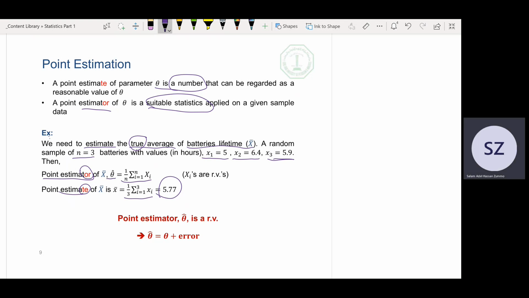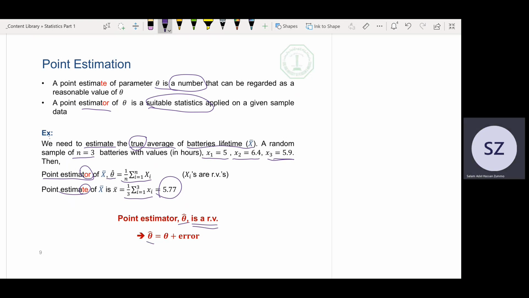So a point estimator, theta hat, is what? It is a random variable. Why? Every time I have new samples, I get a new number. These numbers should all be close to the true value, the true average, which we don't know.